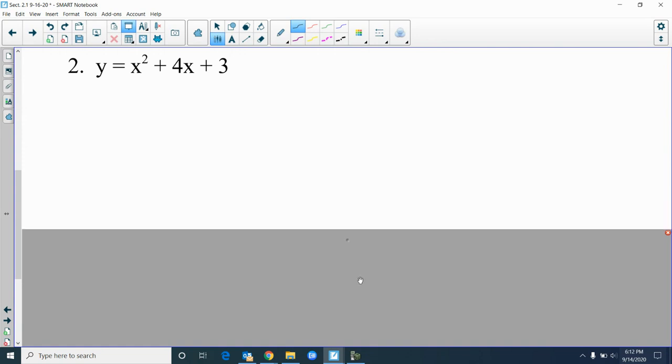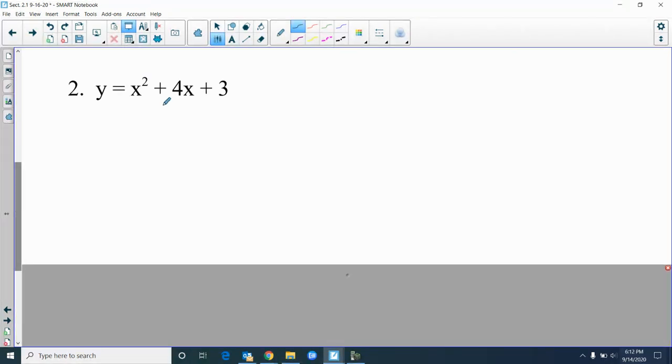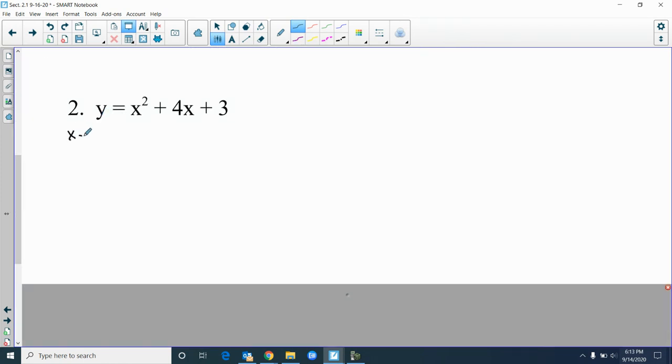All right, the second one. Y equals x squared plus 4x plus 3. So we look for the x-intercept first. Let y equal 0. So that's going to become 0 equals x squared plus 4x plus 3.